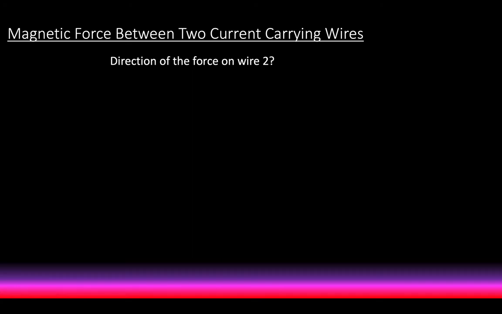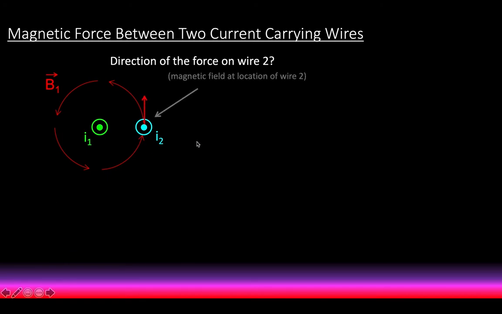So what about the direction of the force on wire number 2? Well, let's look at a picture where both currents are coming out towards us from the computer screen now. So we're just looking at the same picture as on the previous slide, but from a different perspective. I'm asking about the direction of the force on wire 2. The current is coming out of the computer screen towards me. The magnetic field B1 is pointing straight up towards the top of the computer screen.